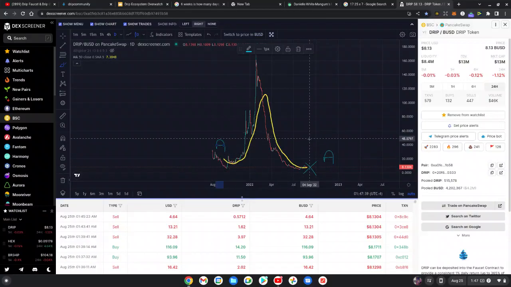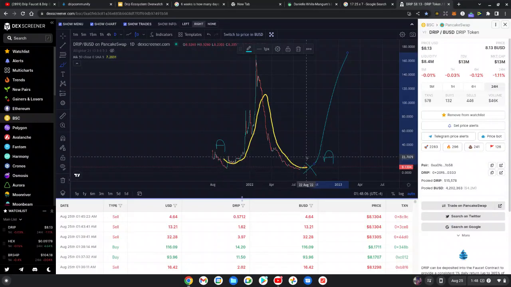Right now we're in the accumulation phase again before it goes. Y'all better get in there, because that's how these people made all that money. They were in the accumulation phase while y'all were sleeping, while I was sleeping. And then when it went up, they already had a whole lot of Drip because they bought it down in here when it was a low price, like $3, $4 and stuff.